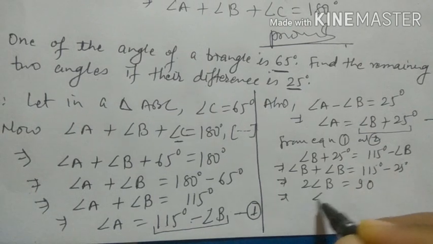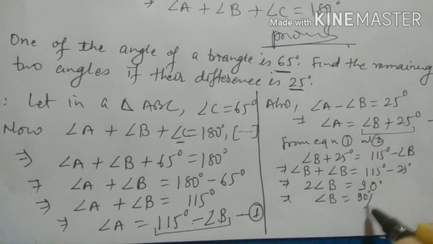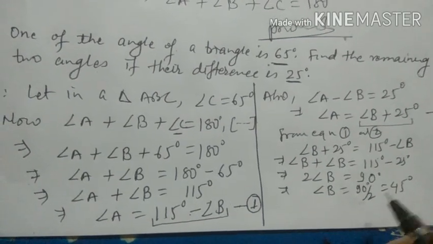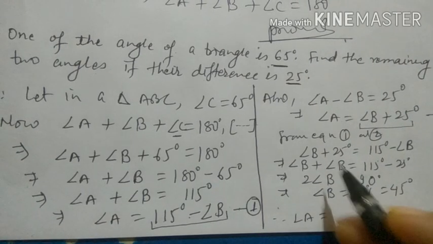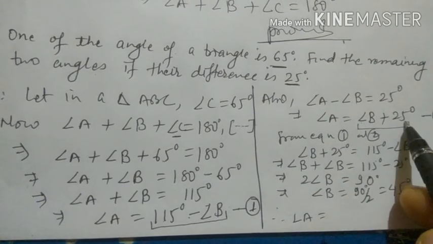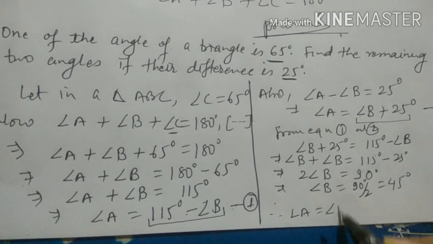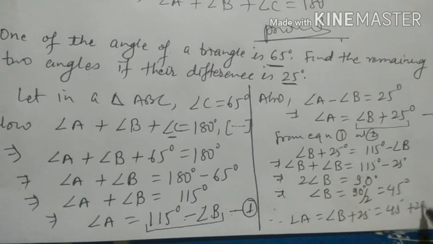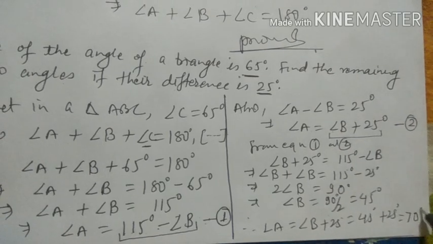So angle B is 90 divided by 2, that is 45 degrees. Hence angle A equals B plus 25, that is 45 plus 25, which is 70 degrees.